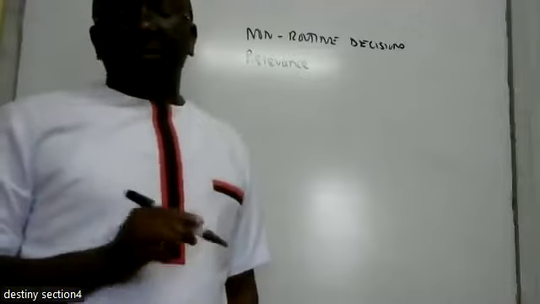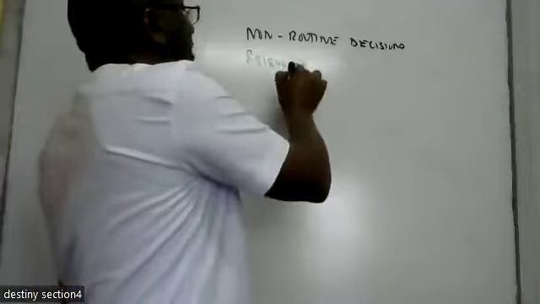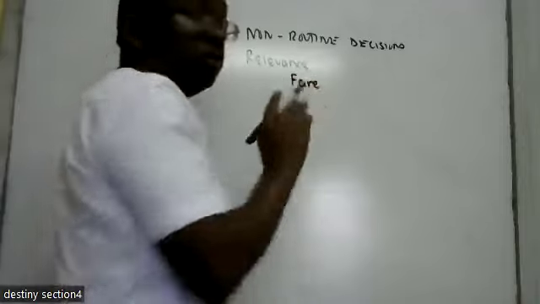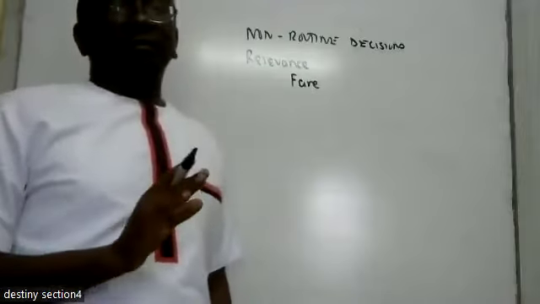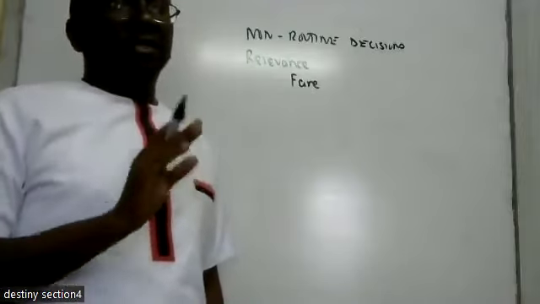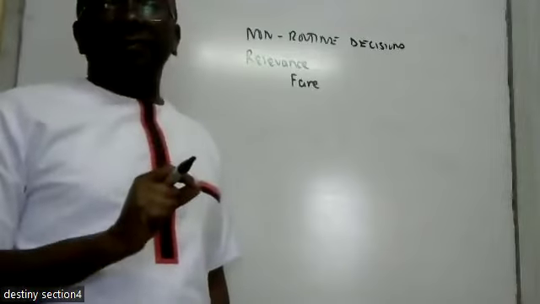Like for those who have come here physically, the amount of money you have spent on fare was a relevant cost, assuming you have no other business here in town and you have purely come for class. So fare is a relevant cost because if you did not have that fare, you would not have come to class.